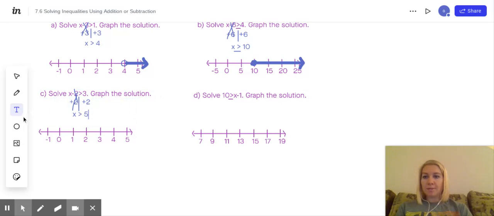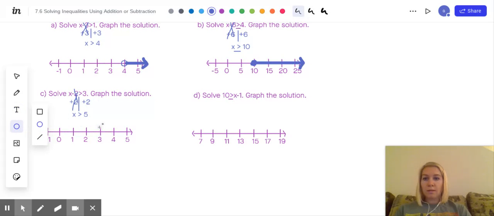Now let's graph it. This is going to be an open circle, not filled in, because we just have the greater than symbol, meaning that 5 is not a solution. Okay, and let's see, that looks kind of not that shaded.